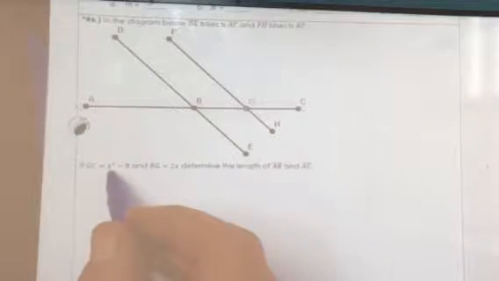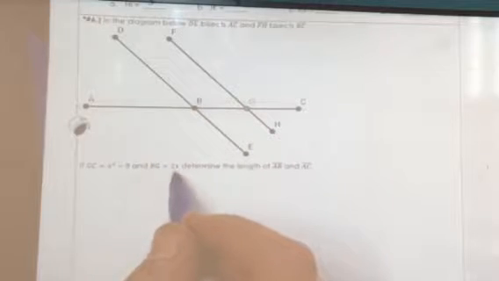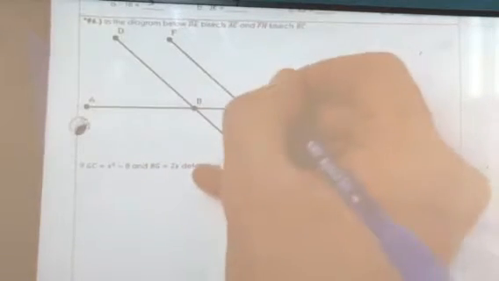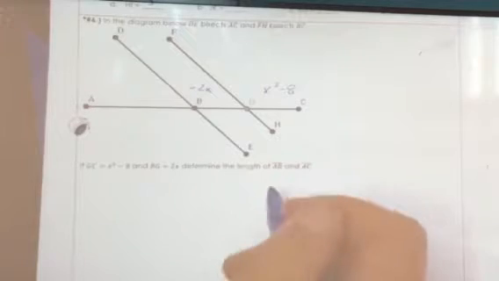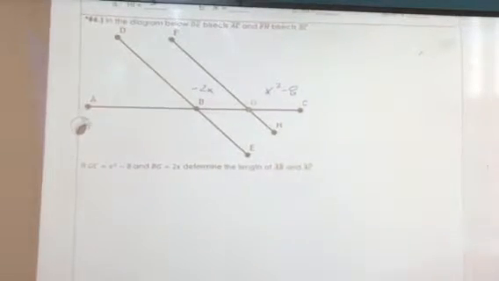So that's saying that this is the same as this. If GC equals x squared minus 8 and BG equals negative 2x, determine the length of AB and AC. So we've got AB equals and AC equals that we need to do at the end of the problem.